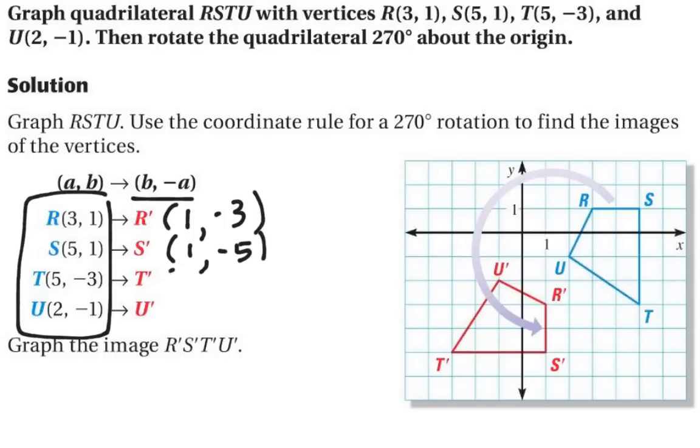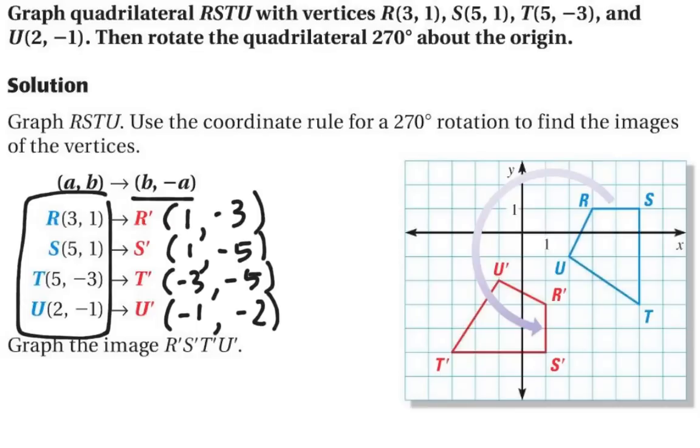For T prime, I should be using negative 3, negative 5. And for U prime, I should be using negative 1, negative 2. Again, take a moment just to verify and make sure that I have done all of these correctly and that you understand exactly how that works. Pause if you need to, look this over.